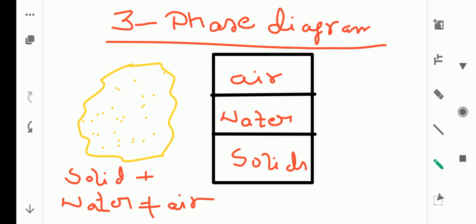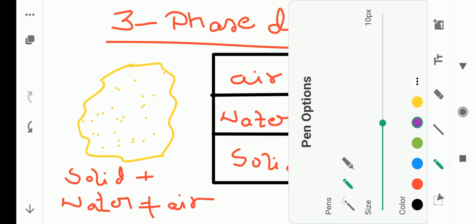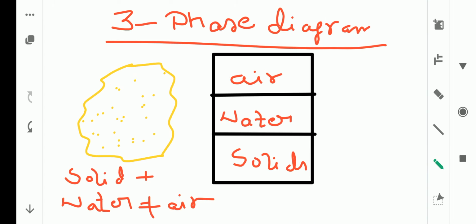Now, it is very much possible that we segregate these three items and put one on the top of other. What we have done here, definitely and surely it is not possible in a practical manner, but for our convenience we have done this, right?